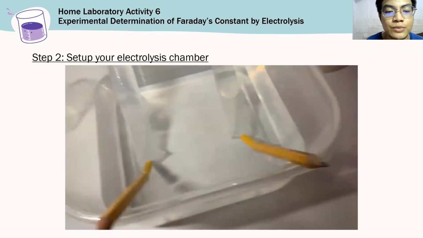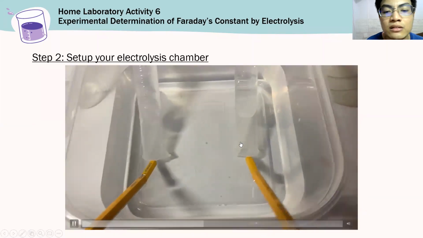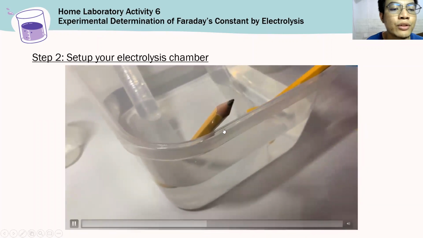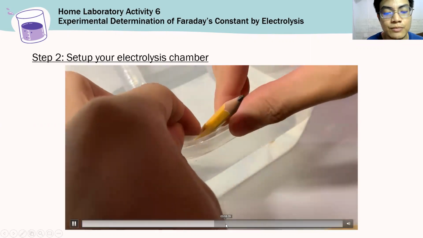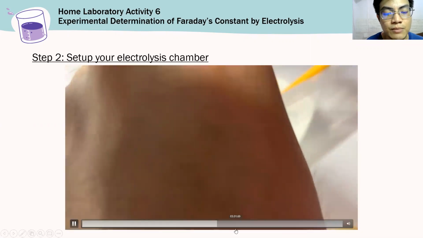I positioned the pencils in such a way that their ends are pointing towards the mouth of your graduated cylinder or test tube. You can secure them in place using scotch tape, because that will help things to be stabilized.